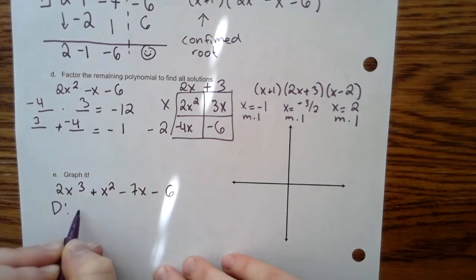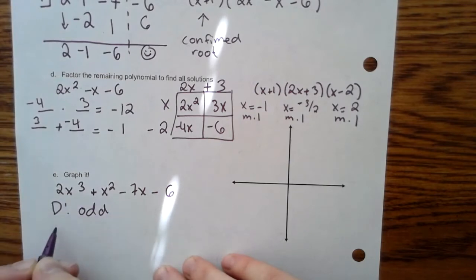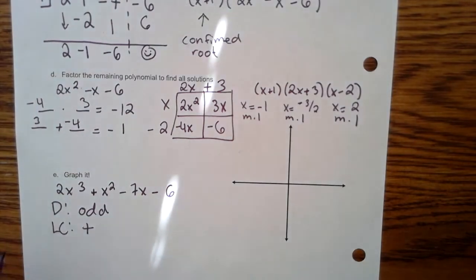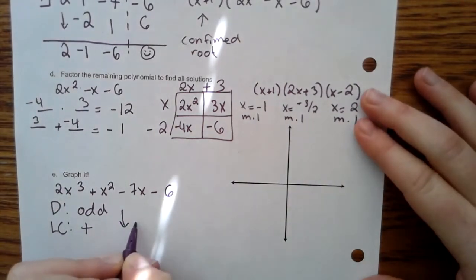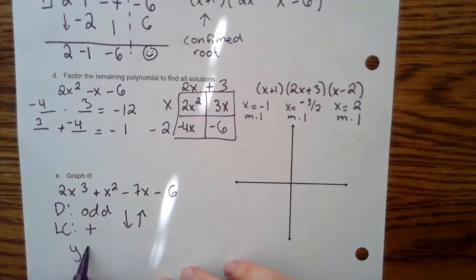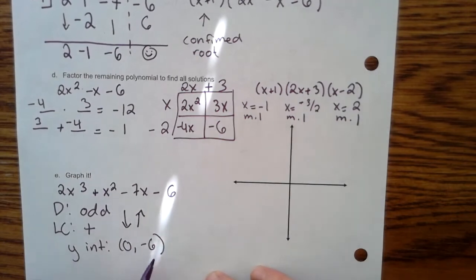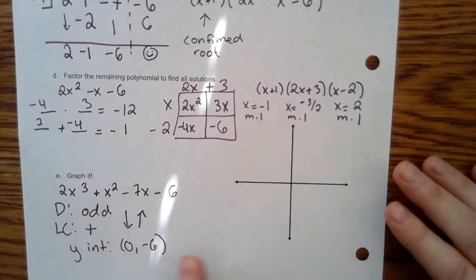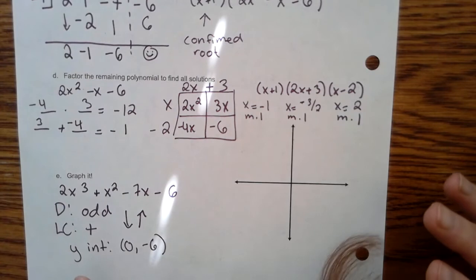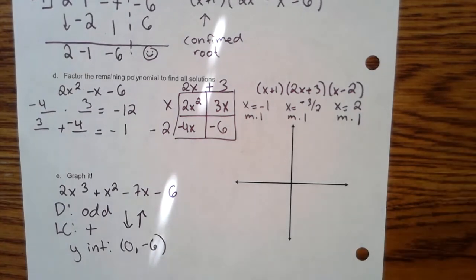My degree is odd. My leading coefficient is positive. Odd positive is going to be down, up. My y-intercept is (0, -6). If this is confusing, you need to go back to lesson 6.